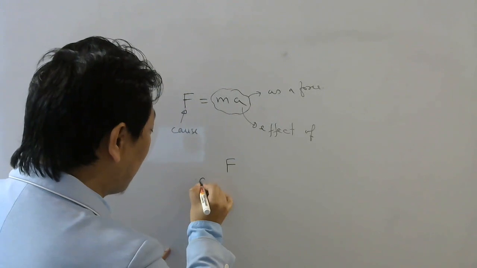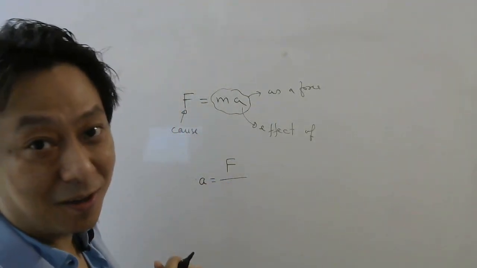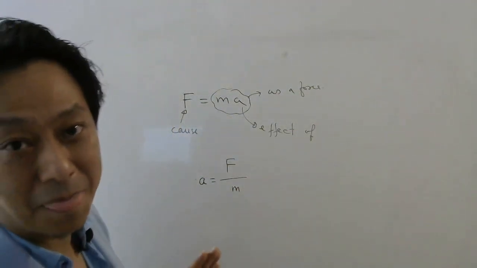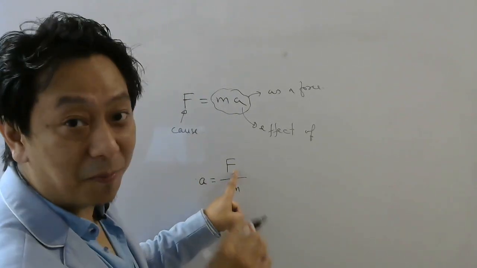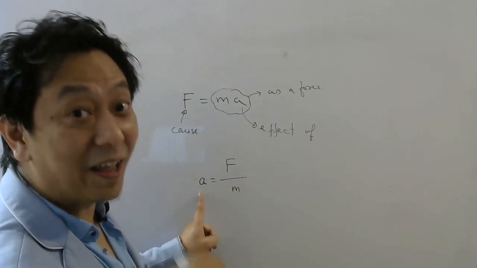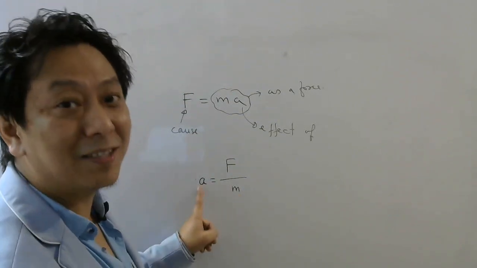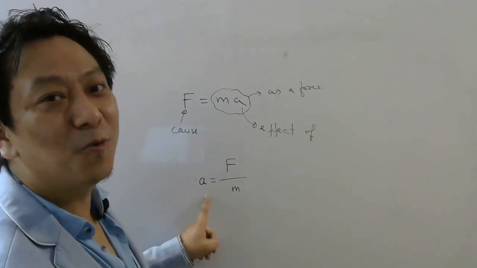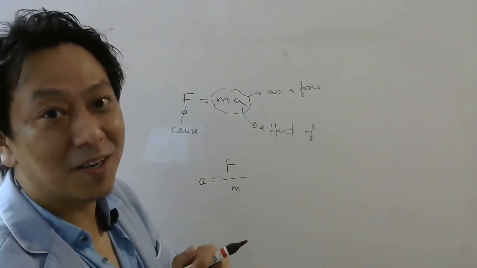Therefore, we should write Newton's second law as the acceleration produced in the body is equal to force divided by mass. So this is a proper way to write, because this tells you that when you apply some force, the body accelerates, and the more mass you have, the less acceleration you will have, and the less mass you have, the more acceleration you will have. So this is the best way to interpret Newton's second law.